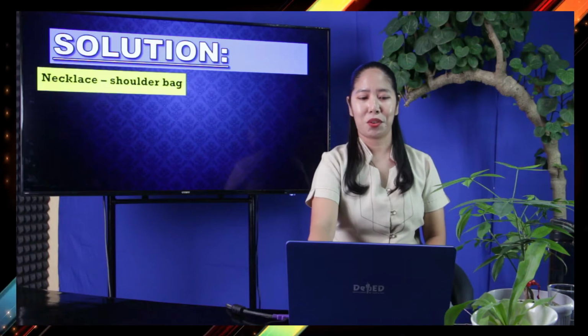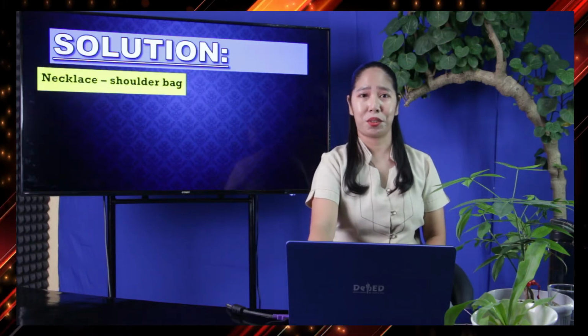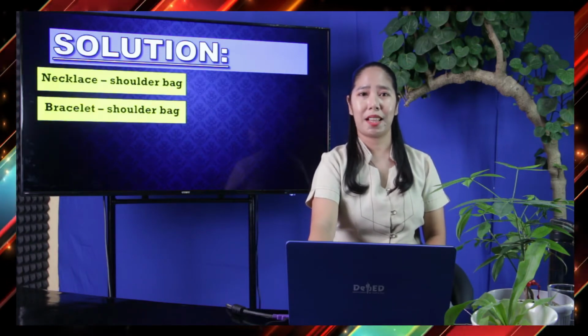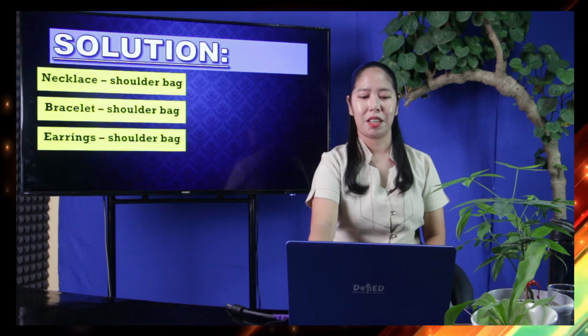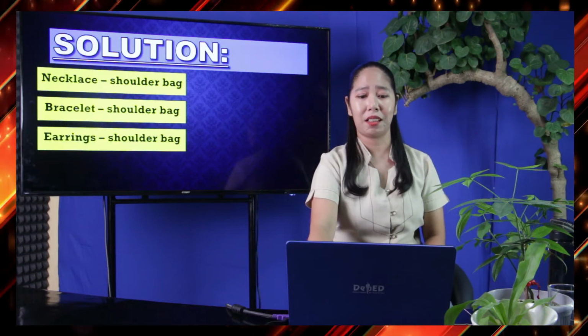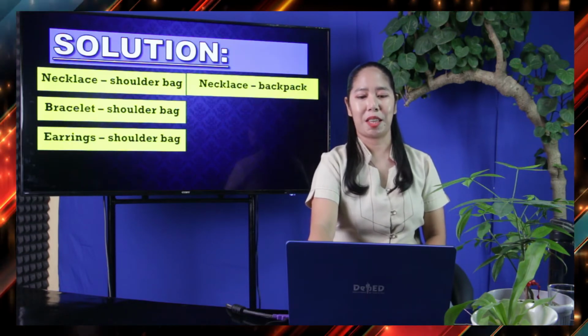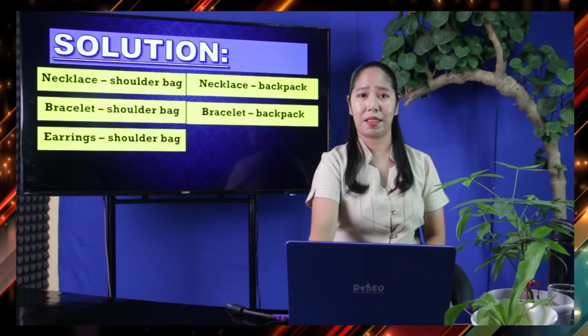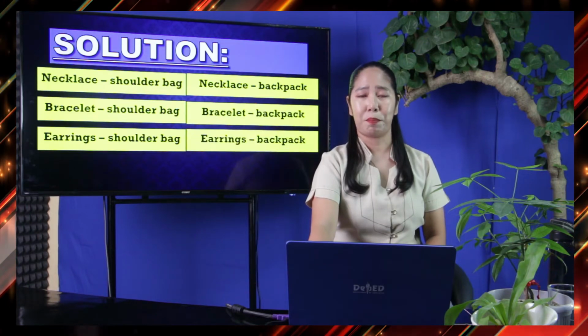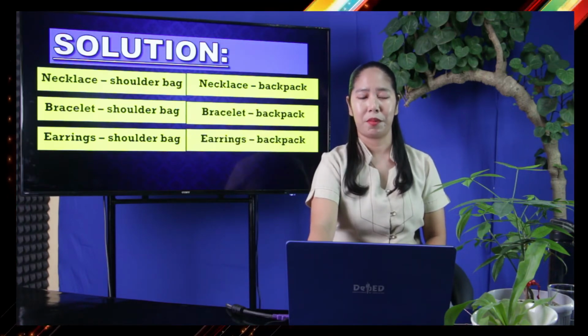Solution. First, we need to list down all the possible pairs of a jewelry and a bag. So we have a necklace and a shoulder bag, a bracelet and a shoulder bag, a pair of earrings and a shoulder bag, a necklace and a backpack, a bracelet and a backpack, and a pair of earrings and a backpack.